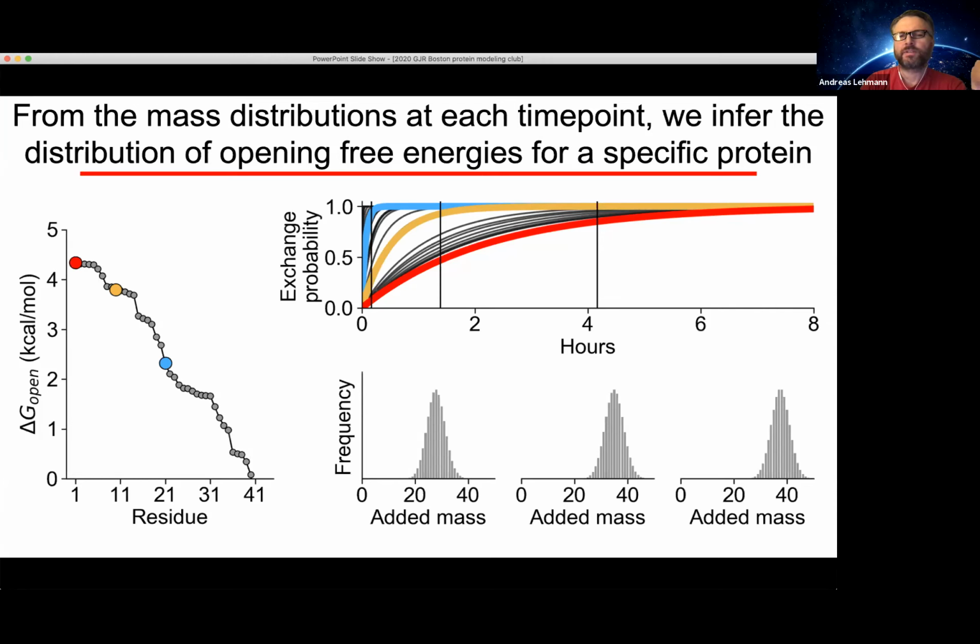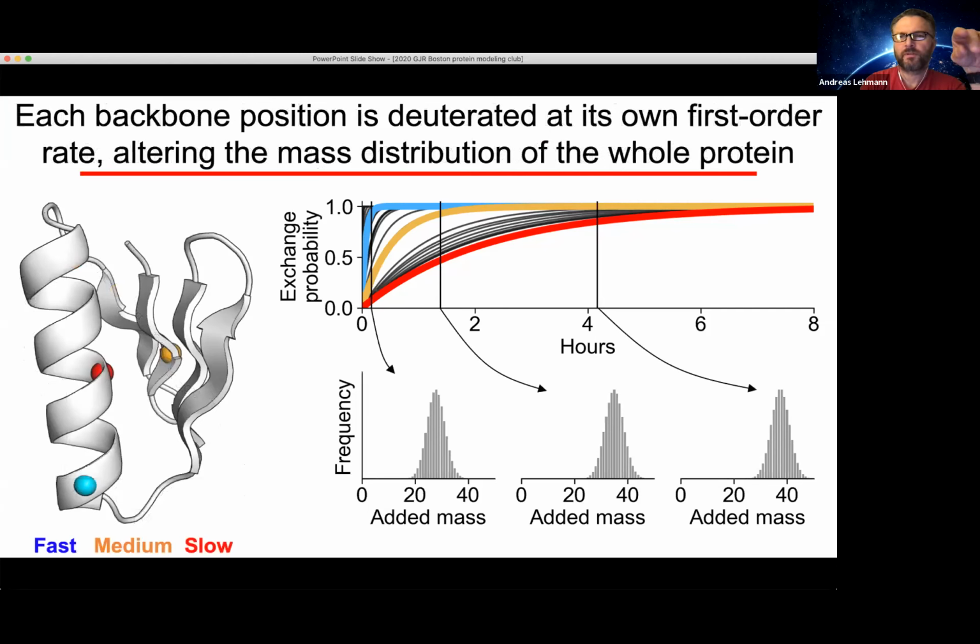But then earlier you said there was like 1,000 different designs in there. Right, so every design gets its own set of 40 rate constants, or however many residues it has. Each different protein sequence is some different species that has its own mass distribution at each time point.